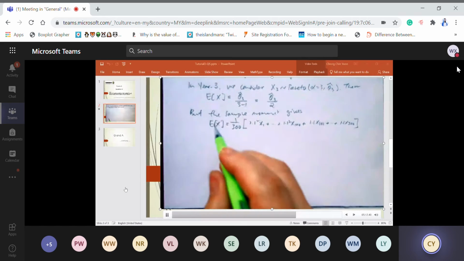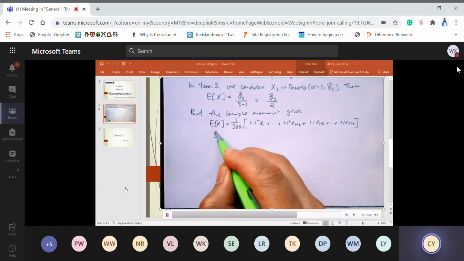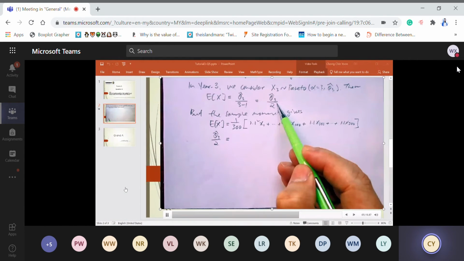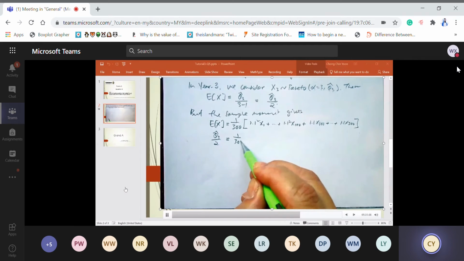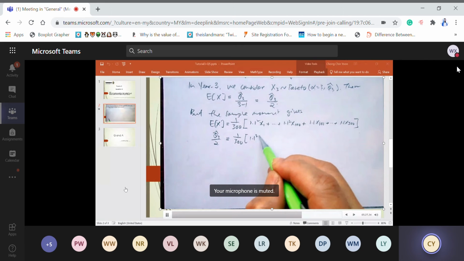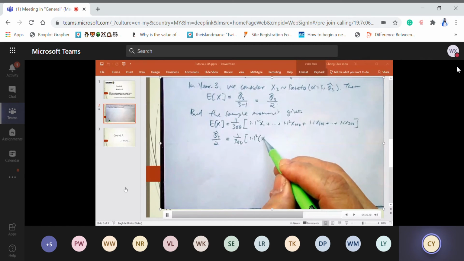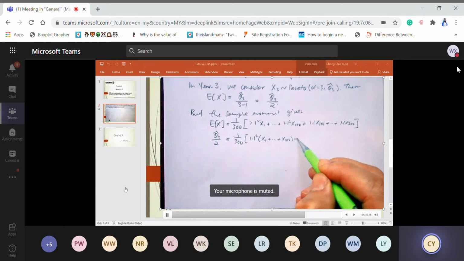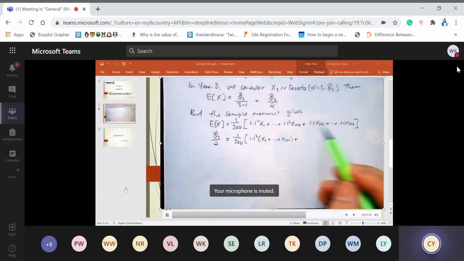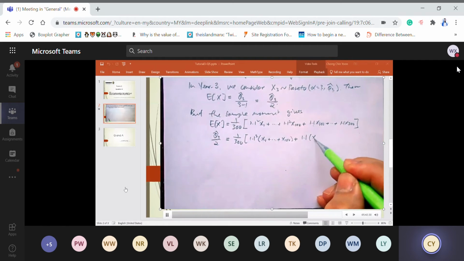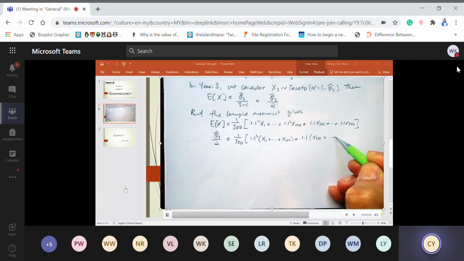And this equals the estimate of theta 3 divided by 2. We can simplify this by factorizing 1.1 squared and summing up all the data from X1 until X100. And here again we factorize 1.1 and sum up all the data from 101 to X300.